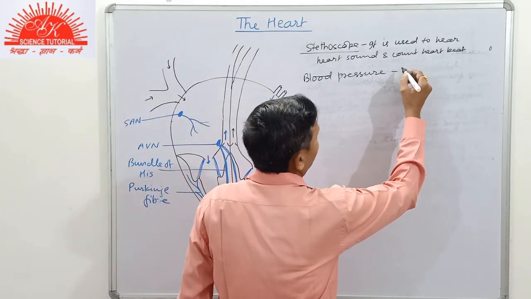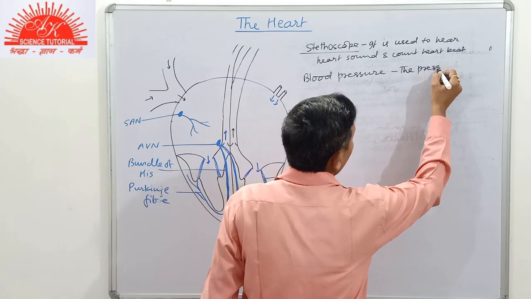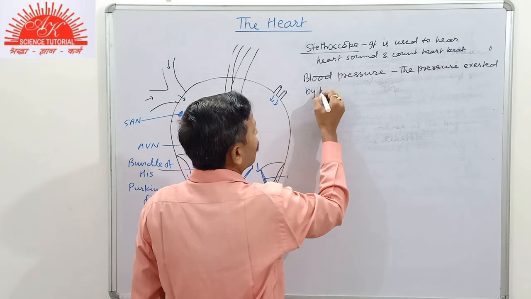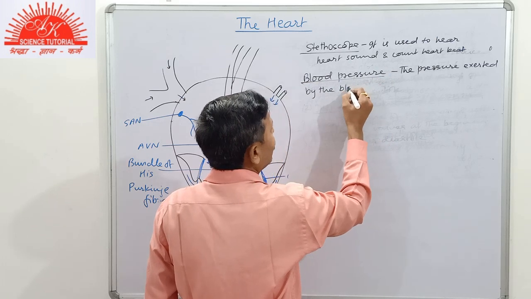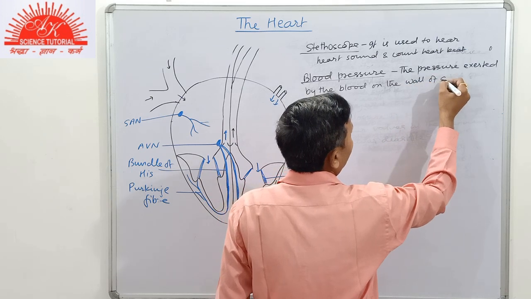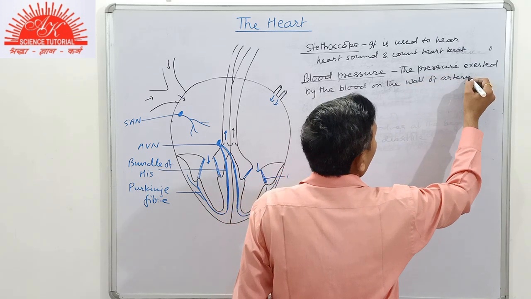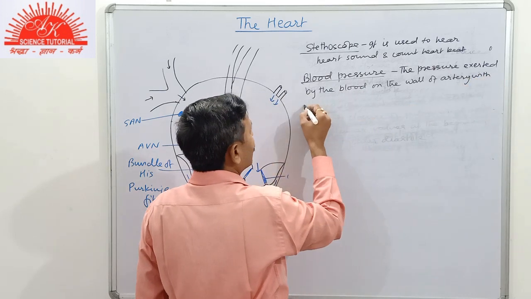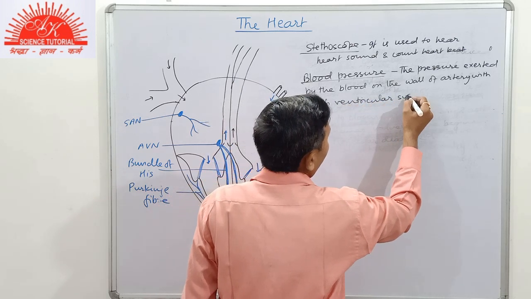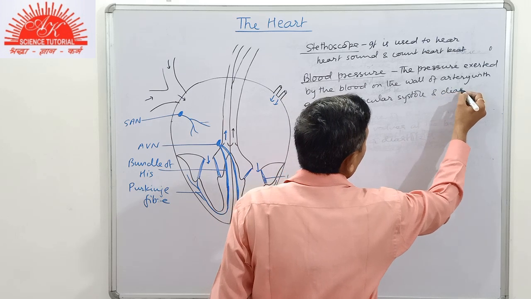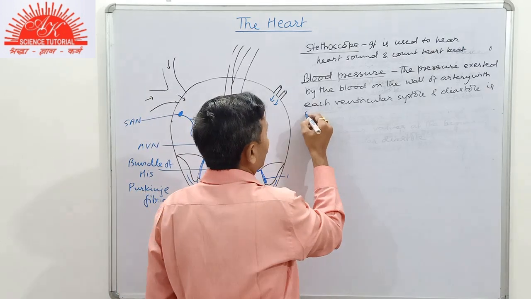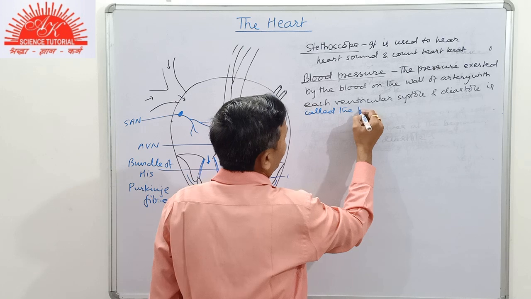The next part is blood pressure. The pressure exerted by the blood on the wall of the artery with each ventricular systole and diastole is called blood pressure.